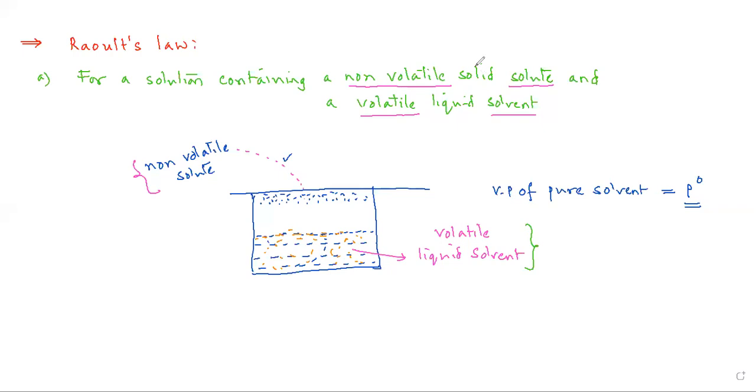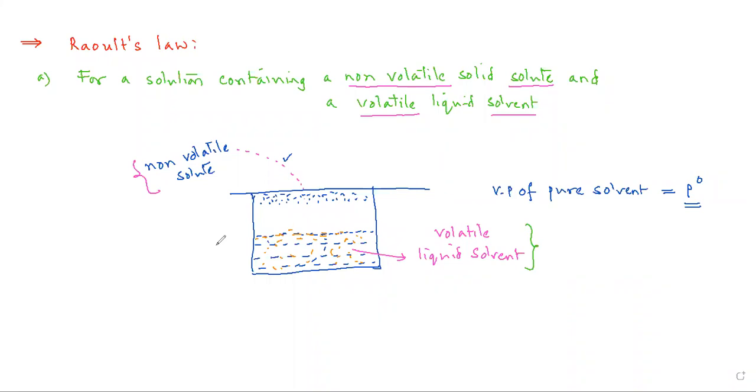Of course, vapor pressure decreases because now the surface is occupied by both the volatile solvent and the non-volatile solute, right? I mean, the number of solvent molecules which are volatile per unit area will now be less than what it was earlier.